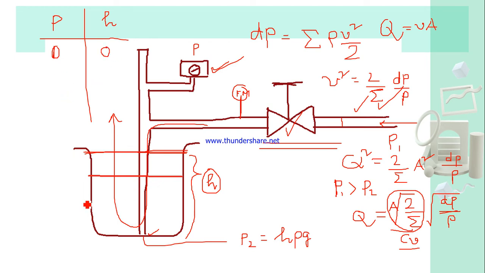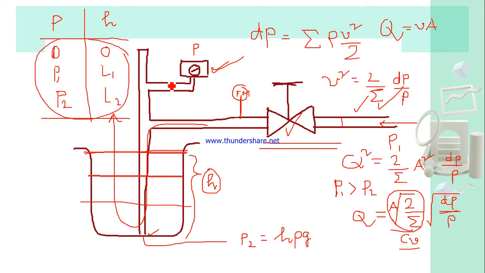Then you increase some level like this, then it is P1, your level is L1, then P2, level is L2, and so on. With this relationship, it will be a linear relationship. With that you can find a linear equation: the level H is equal to a function of this pressure.